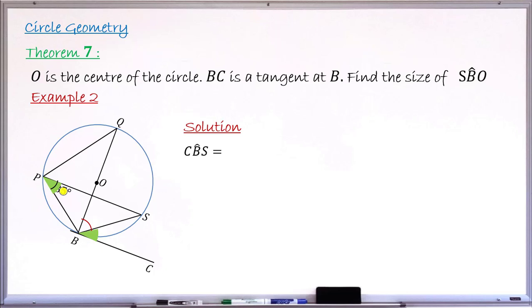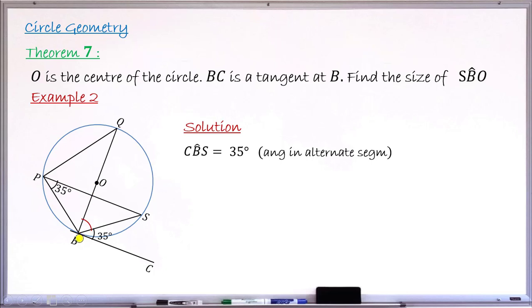The theorem we have learned, theorem number 7, tells us that the angle between a chord and a tangent is equal to the angle obtained by that chord at the alternate segment. So angle CBS is going to be 35 degrees, and the reason is it is angle in the alternate segment.